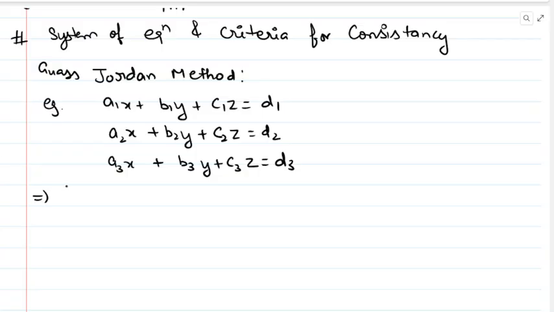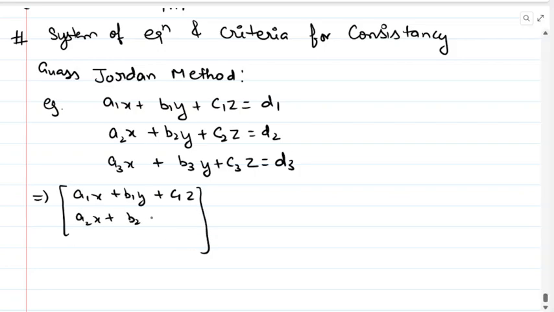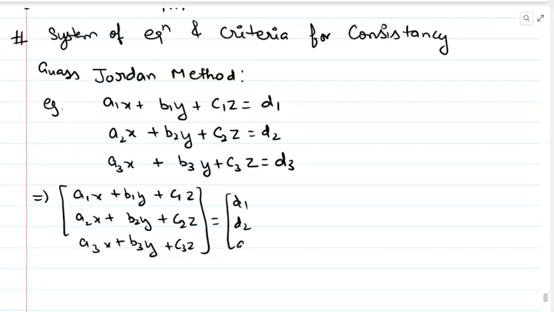This implies that a1x plus b1y plus c1z, a2x plus b2y plus c2z, a3x plus b3y plus c3z is equal to d1, d2, d3.